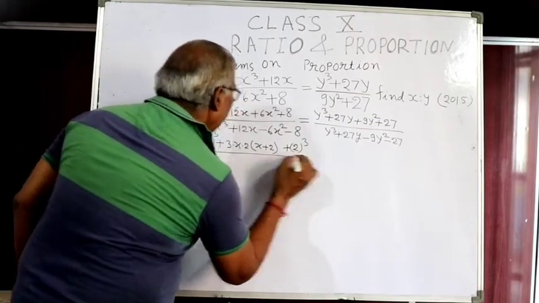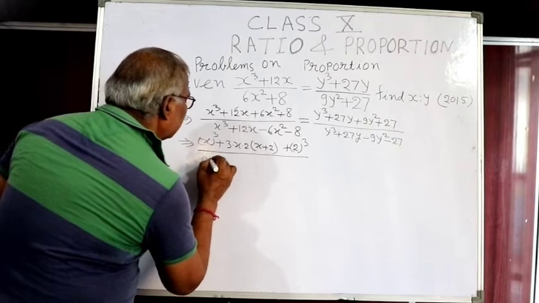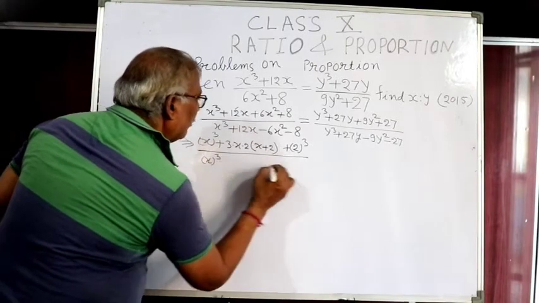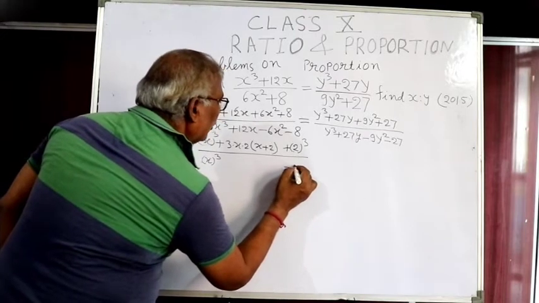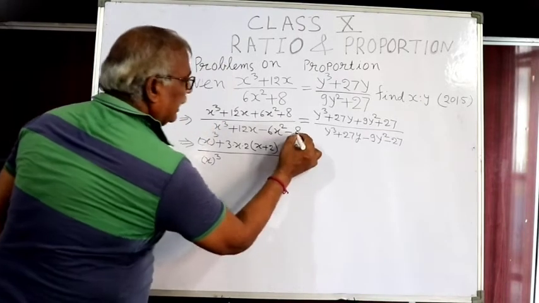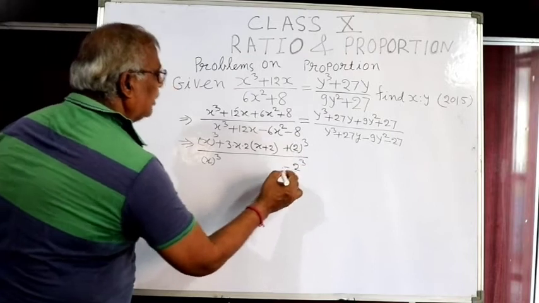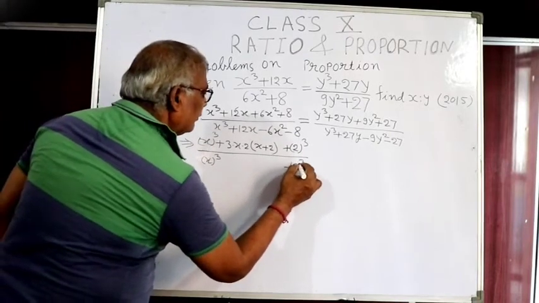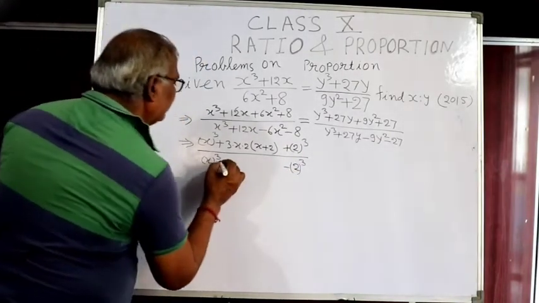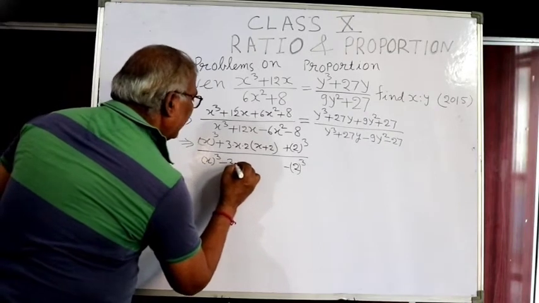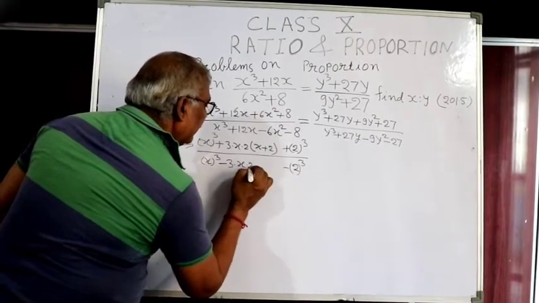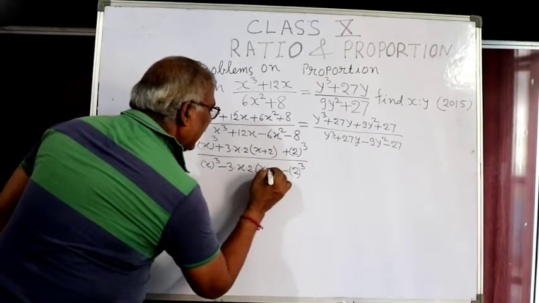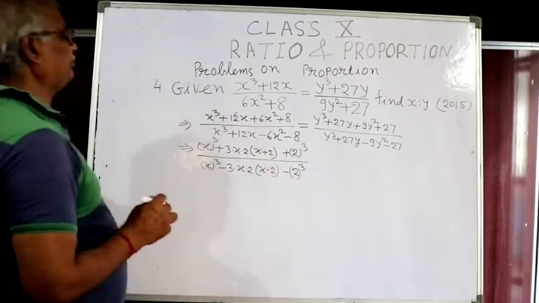Similarly, here we write x cube minus 2 cube. Here 8 can be written as minus 2 cube, and here minus 3 into x into 2 in bracket x minus 2.